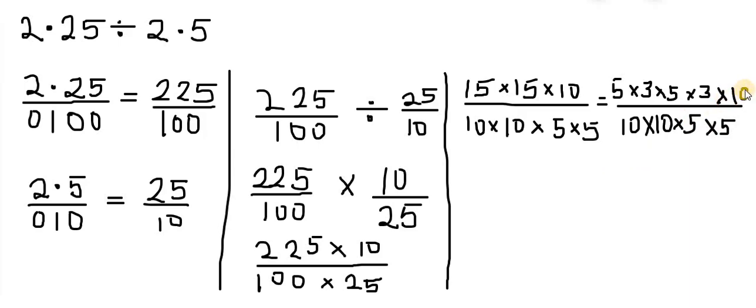Okay, there's a 10 at the top and a 10 at the bottom. We cancel that out for 1 and 1. There's a 5 at the top and a 5 at the bottom. We cancel that out for 1 and 1. There's another 5 at the top and a 5 at the bottom. Cancel that out for 1 and 1.